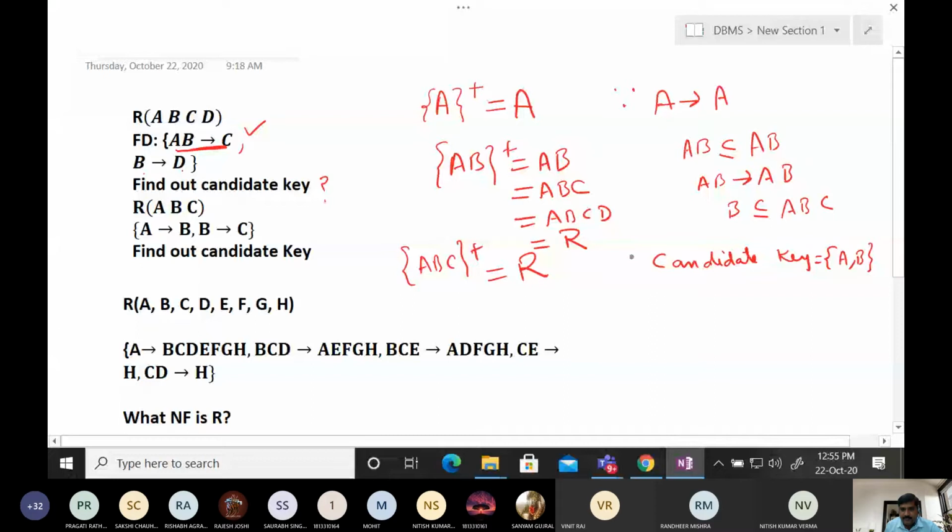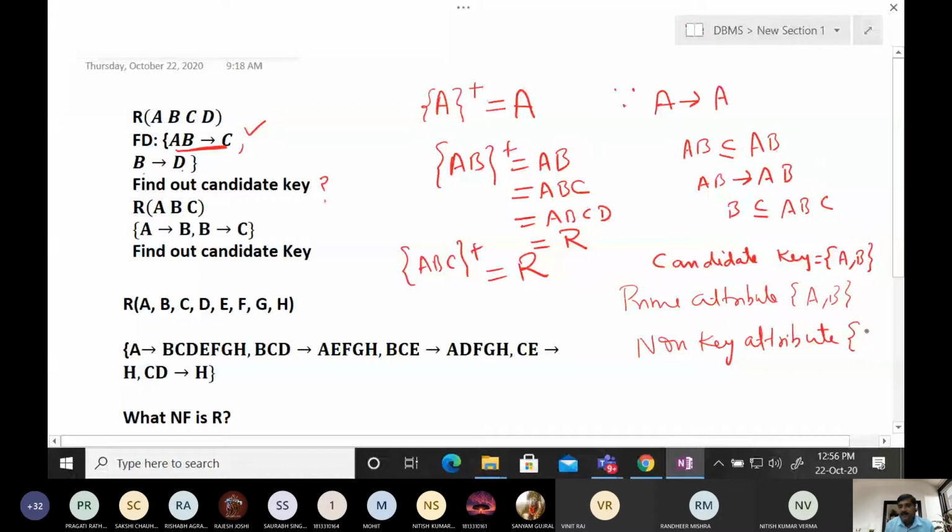Then the non-key attributes are C, D. You have to explain these things.